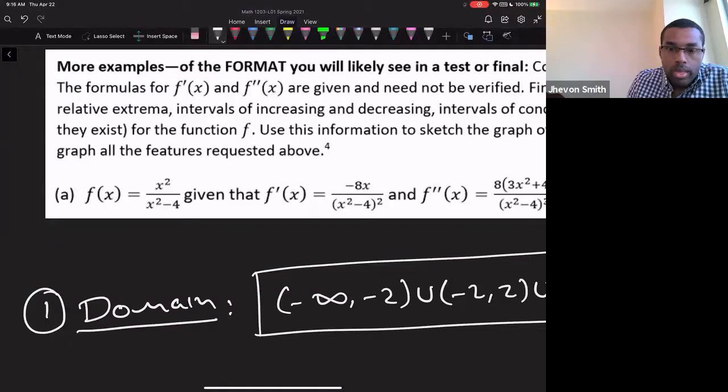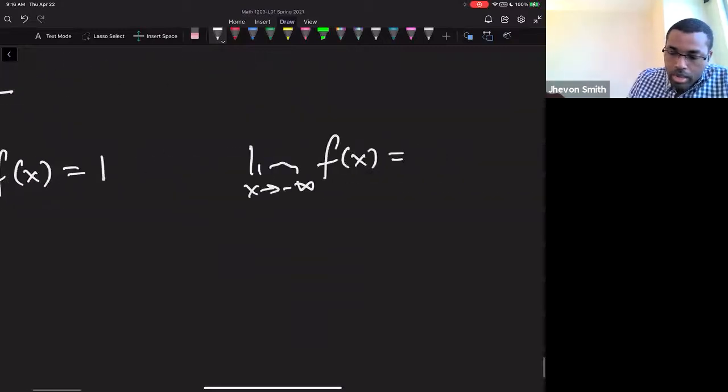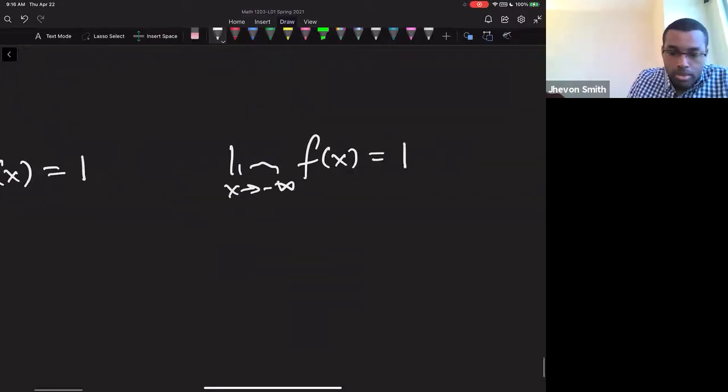One. Yes. So it's the ratio of leading coefficients. And of course, it's going to be the same if I went to negative infinity.